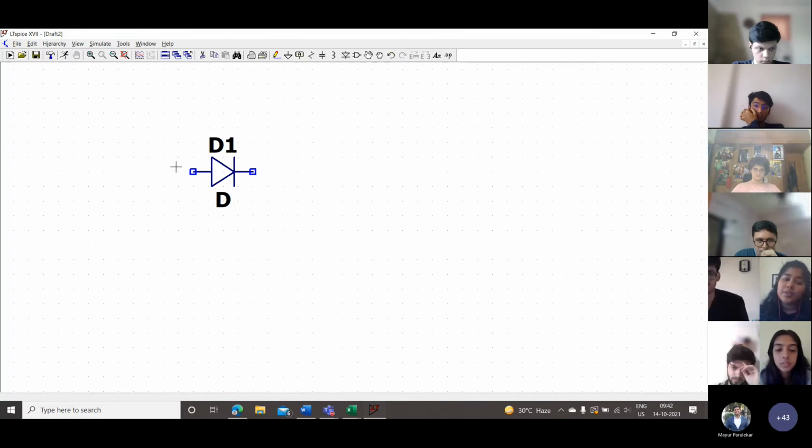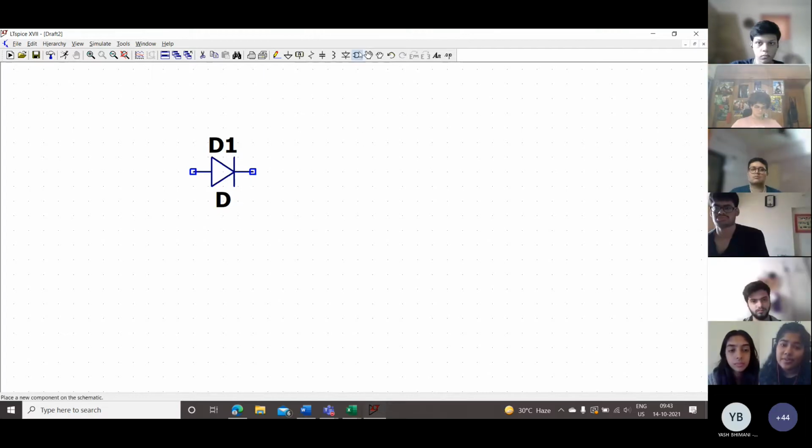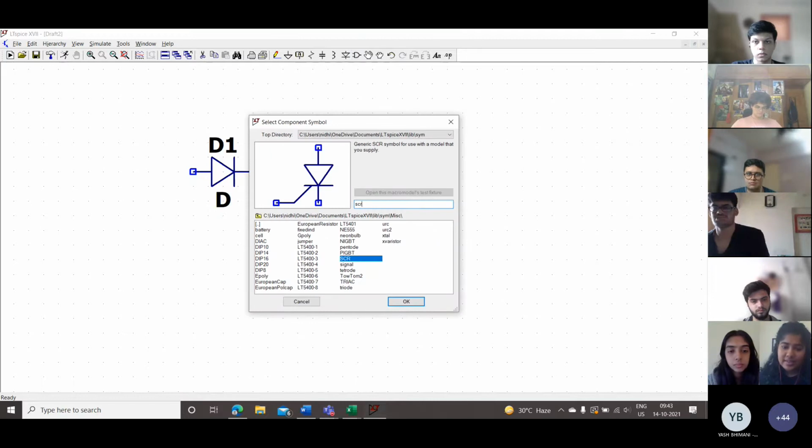If you provide a positive voltage at the anode and a negative voltage at the cathode, that is forward conduction mode, in which the diode acts as an on switch. And if you provide a negative voltage at the anode and a positive at the cathode, then it acts as an off switch, and it's called reverse blocking mode. Now, these concepts are pretty similar in the device that we're going to study today, which is called the SCR.